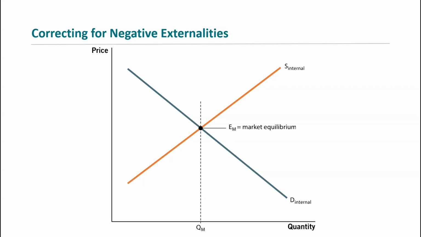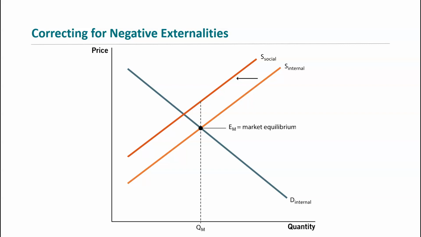And so if we asked society, not just the firm, to think about what supply curve we should have in this case, if we calculated our lowest willingness to accept or lowest willingness to sell our product based on social costs instead of just on internal costs, we would have a supply curve that's somewhere to the left of our internal supply curve, because we'd be including even more costs of production when we include the cost to third parties because of our externality.